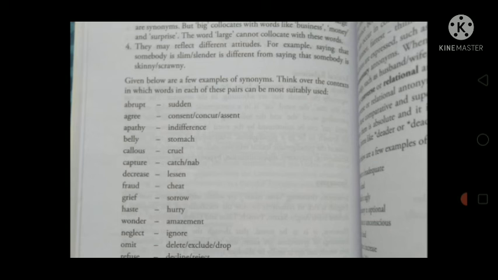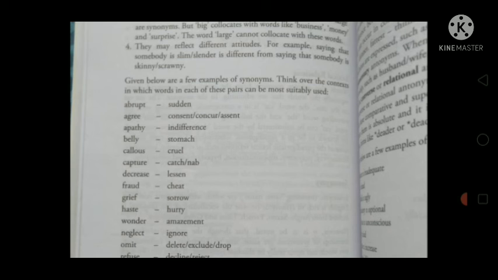Think over the context in which the words in each of these pairs can be most suitably used. Abrupt, sudden. Agree, consent, assent. Apathy, indifference. Belly, stomach. Callous, cruel. Capture, catch.